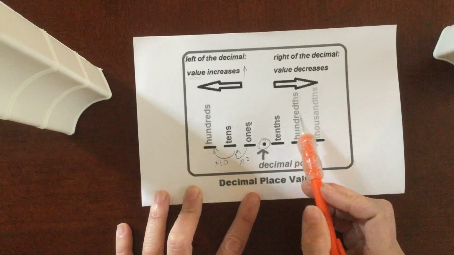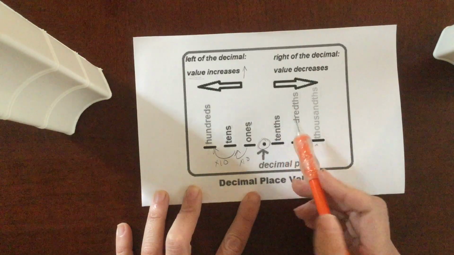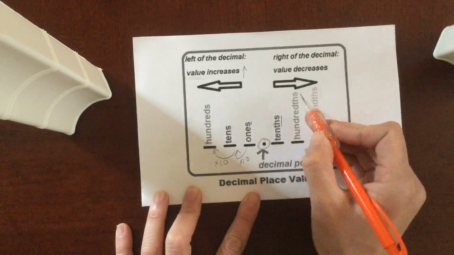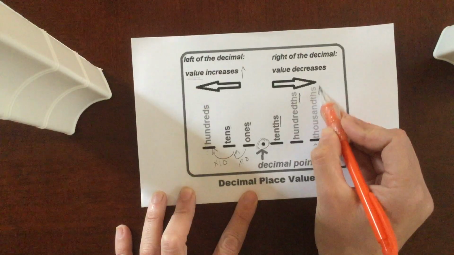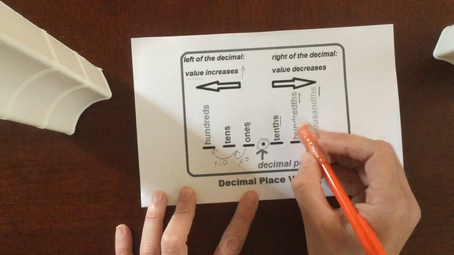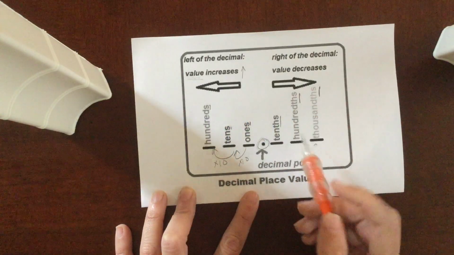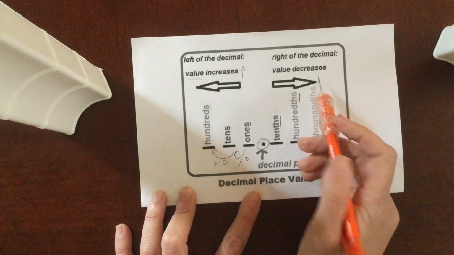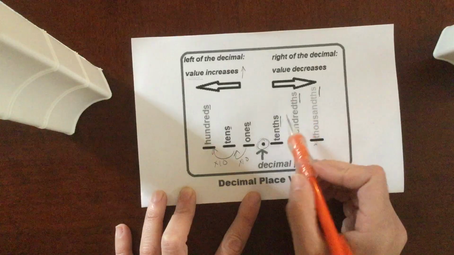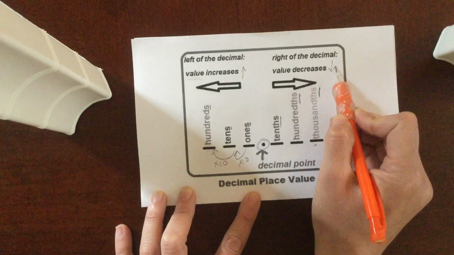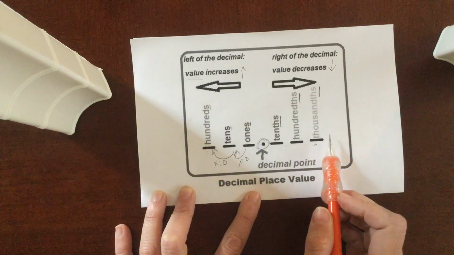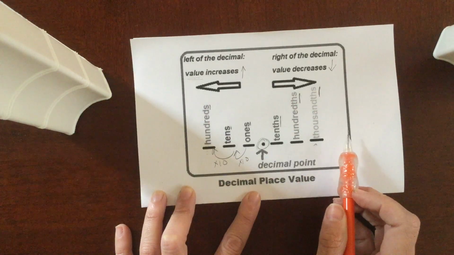What's new to me is what's on the right. On the right, I'm seeing tenths, hundredths, thousandths, the THS, which was different from the S on the ones, tens, hundreds. What I'm noticing here is the value is decreasing. It's going down when it's on the right side. So this is where the part of a whole comes in.